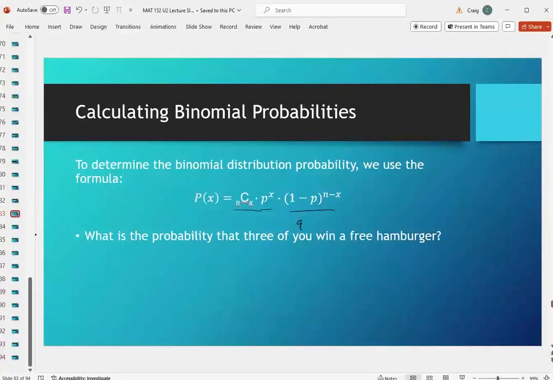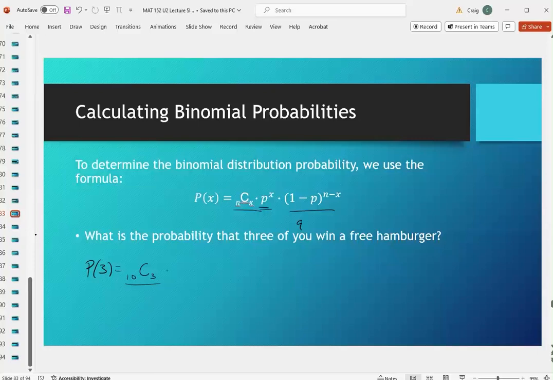If we want to find the probability that 3 of you win a free hamburger, then the probability of 3 is going to be 10 choose 3. This is our combinations formula. Remember, that's just counting. We're going to plug that into a calculator, or we can use the factorials if we want, but it's easier just to use a calculator.